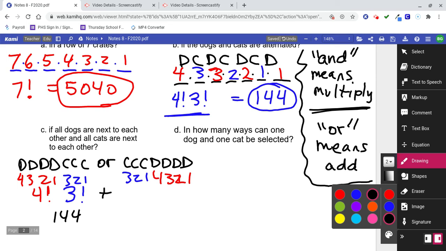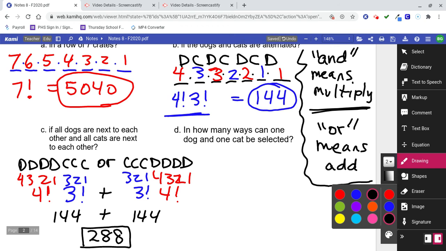But the difference is we're going to have another 144 right here because we're going to have the same thing, this 3 factorial times this 4 factorial. So we've got 144 plus 144 equals 288. Kind of a tricky question there.